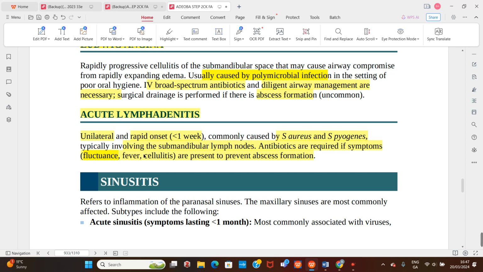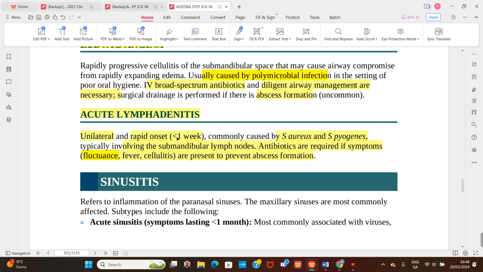But if you notice that the area is getting reddish, you are seeing tenderness there, the fever, you know that this person might progress to forming abscess very soon. You can quickly give your antibiotics to prevent abscess. But if there's fluctuance, there's abscess, you need to drain. Very, very important.